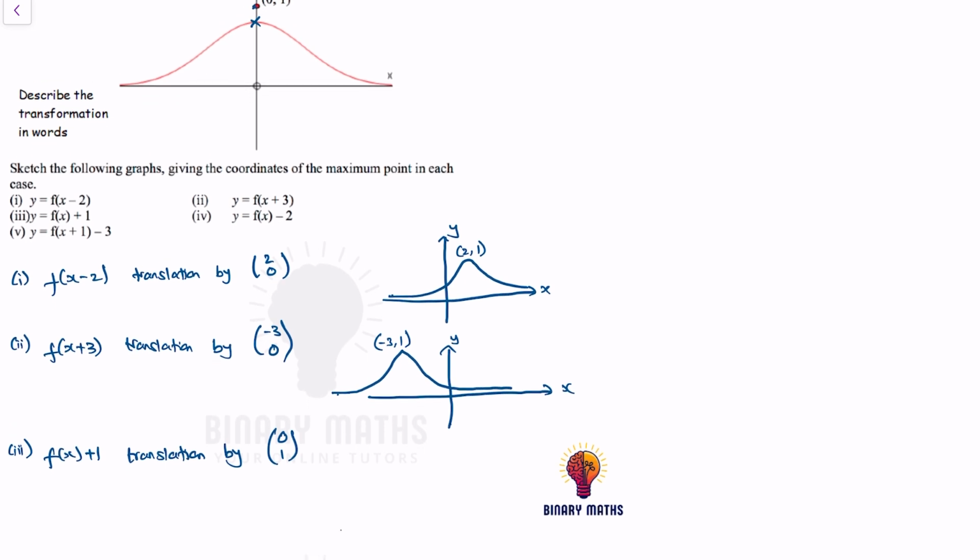So if I were to sketch this one out, is x, and this is y, then everything's going to move up by 1. So this point, maximum point, is at 0, 2, and also there's an asymptote at y equals 1. So the asymptote for this one was y equals 0.